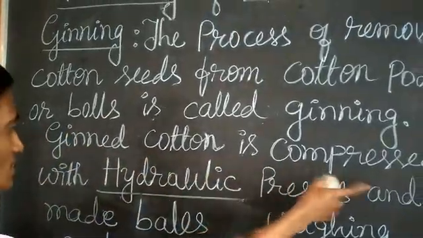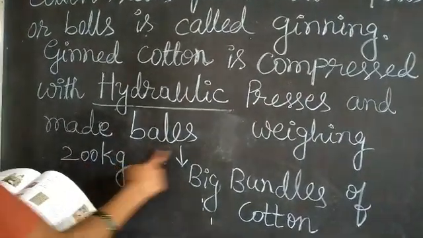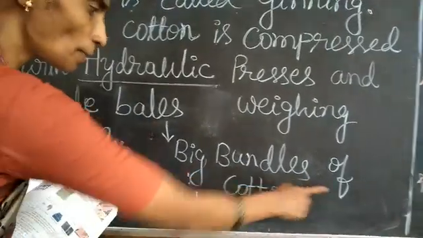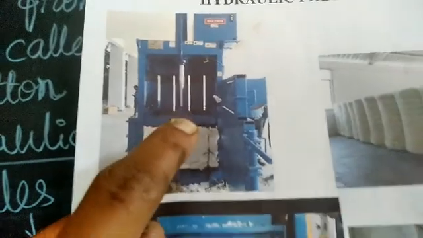Ginned cotton is compressed with hydraulic presses and made into bales weighing about 200 kg. Here bales means big bundles of cotton. You can see here a hydraulic press, in which bales are made.